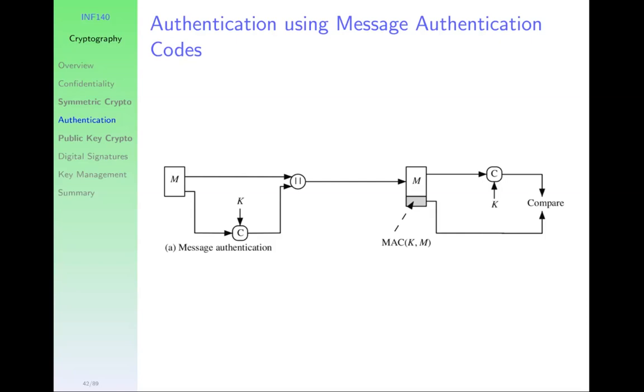In this way, the message authentication code provides the integrity of the message M and also the authenticity, the origin of this message. That's the idea and the model of message authentication codes.